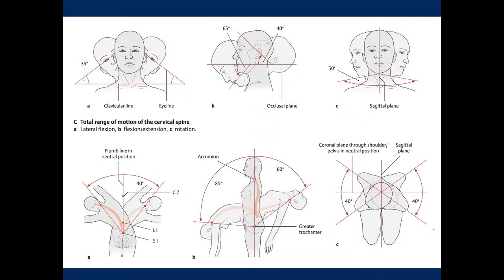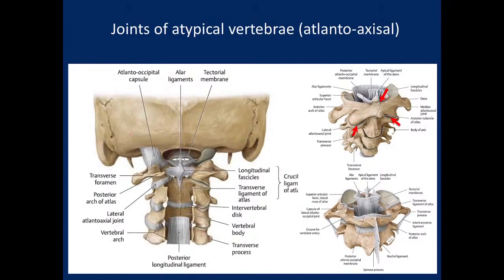And this is the name of the movements of the vertebral column, and the total range of such movement: lateral flexions, rotation, and flexion extension. All of these movements are possible in the vertebral column joints.